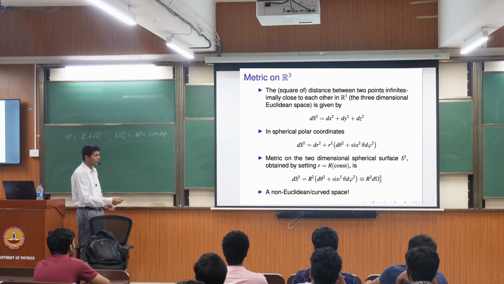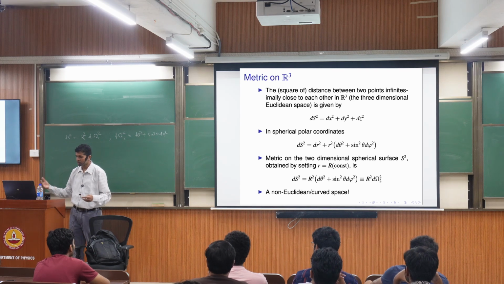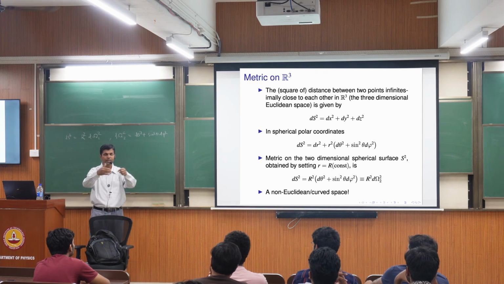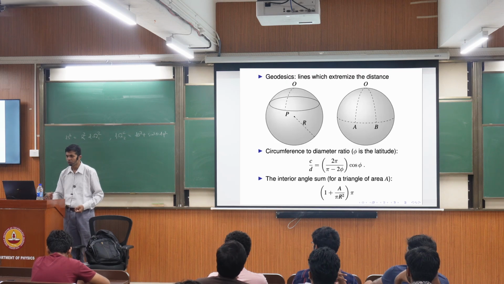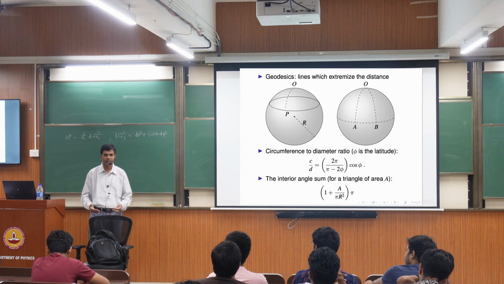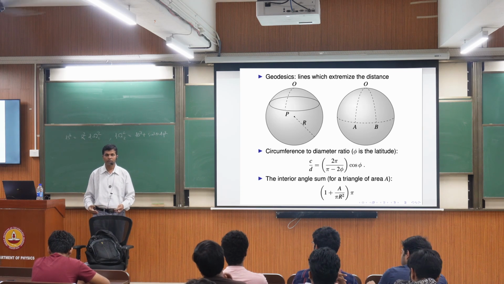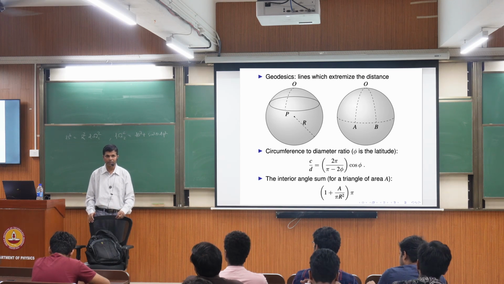The radial coordinate you set to a constant. Then you will get a set of equations, and you can solve them. And this will be the analogue of the straight lines. These are what are called the geodesics in the curved space. The analogues of straight lines are basically geodesics.